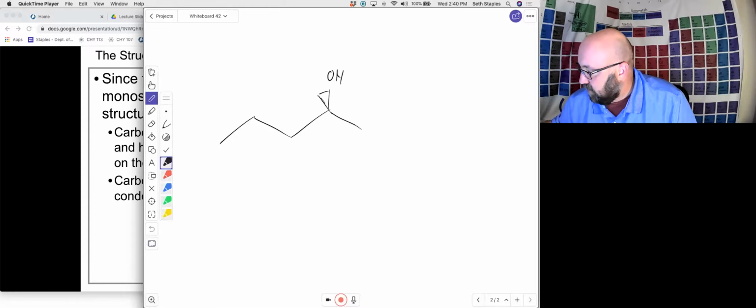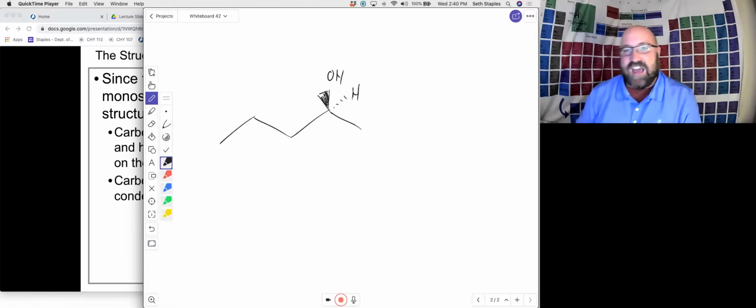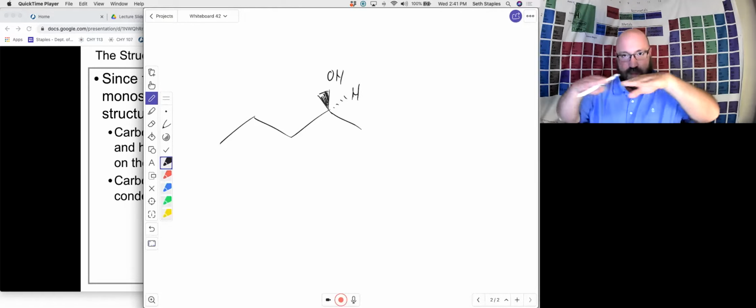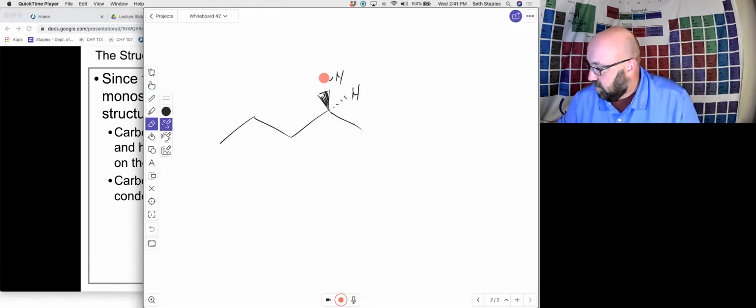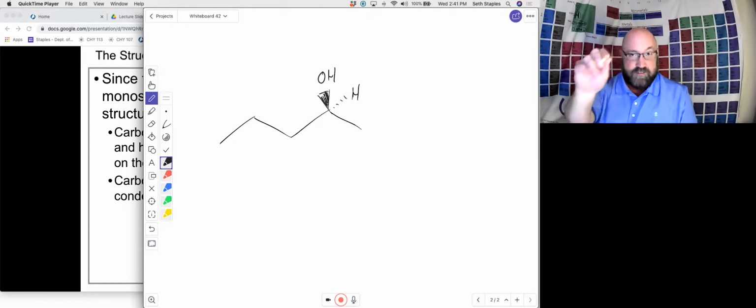Let's say we depict this OH as coming out at us, which means, remember, that the hydrogen, written as a dash, would be going away. So the carbon chain is all in the same plane. The OH, let me redraw that a little clearer, would be coming out of the screen towards you, and the hydrogen would be going back into the screen.